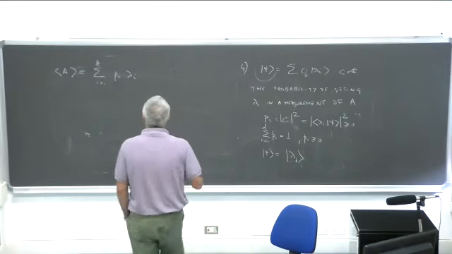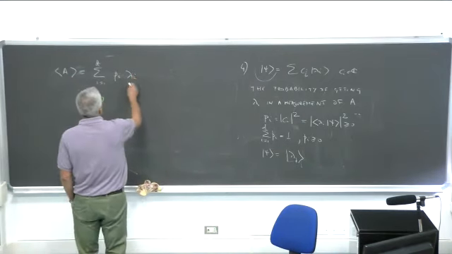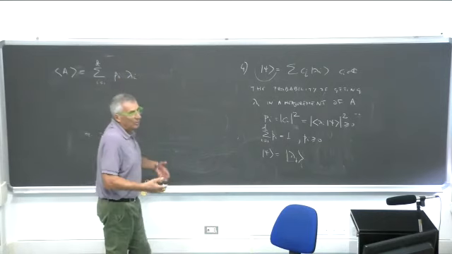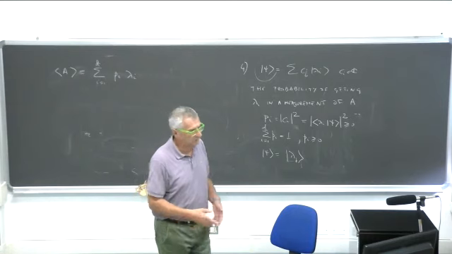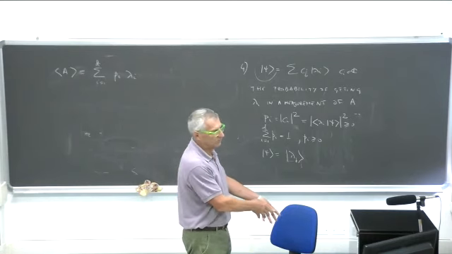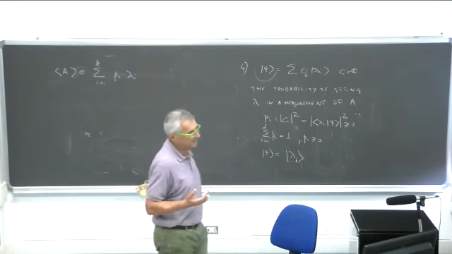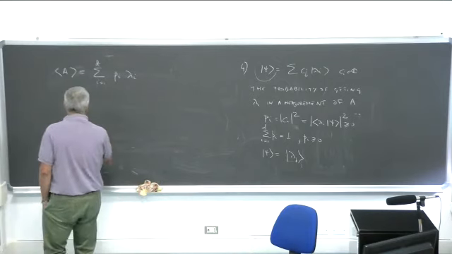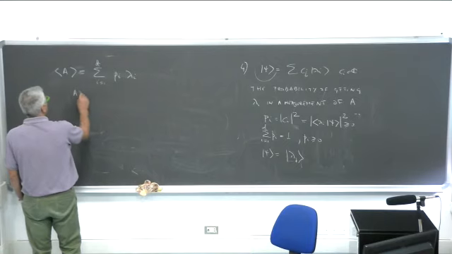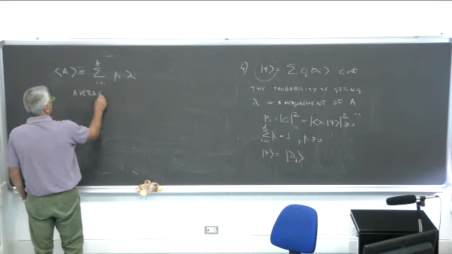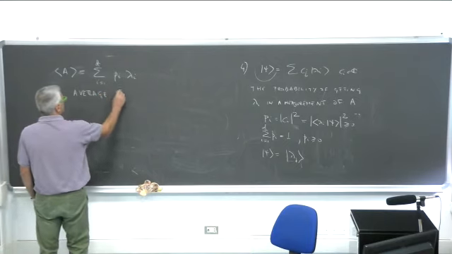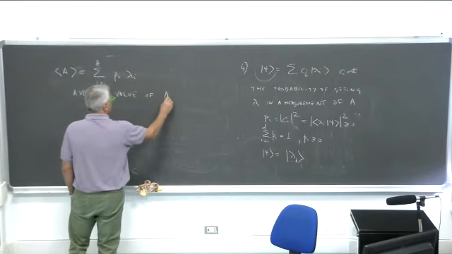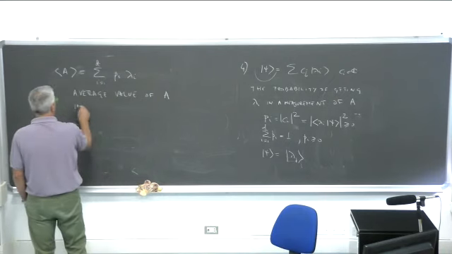The eigenvalues appearing with probability close to 1 count more than those which appear with probability very small, close to 0, right? This is natural. So this is the average in the state.